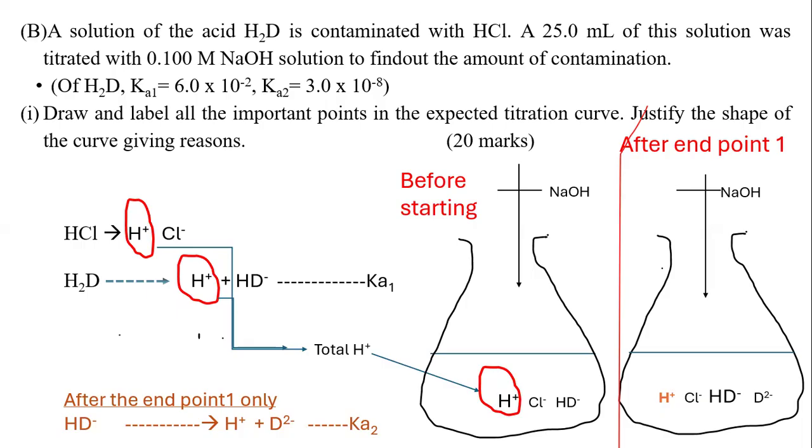Okay, so in the explanation, you have to write down what is there at the beginning. Justify. Why are you telling those things are there, but not all? Then what will happen at the very beginning, when you start the titration?